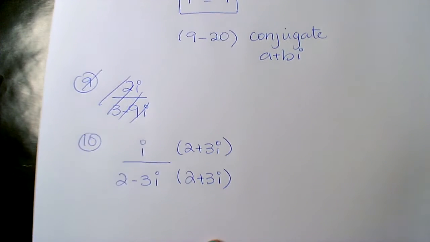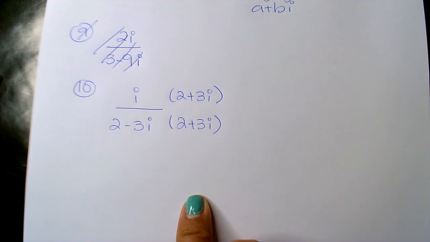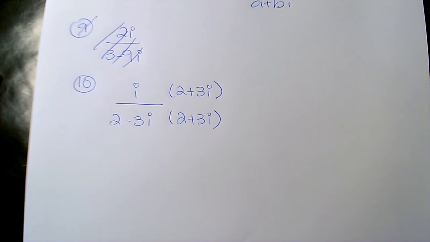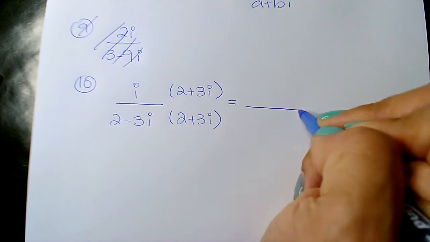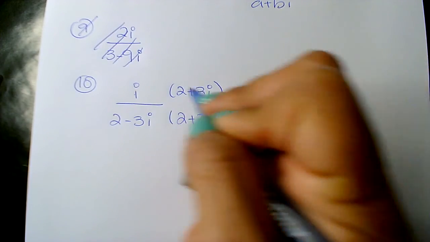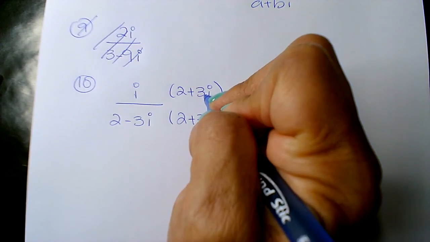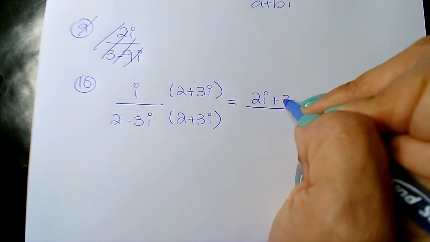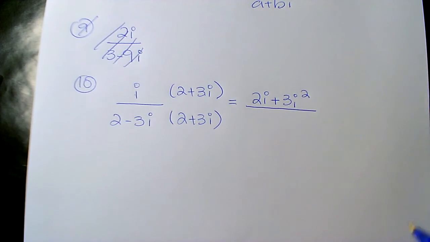Okay. Now, you got foiling, right? You got to distribute. All right. So here, i times 2 is 2i. i times 3i is 3i squared. Now, after I solve this, I'm going to re-solve it with shortcuts, okay?